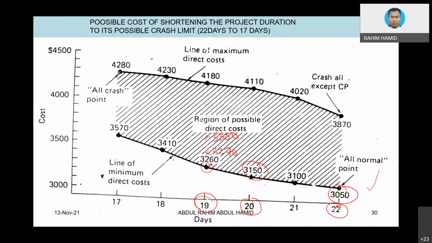At the end of the day, he or she could come out with the answer with the least possible cost. Whereas people like me, because I'm not careful, I'm getting 3270 or even 3300. And there is a range of possibility, maximum and minimum. If the question is asking for least cost, the only correct answer is this one.